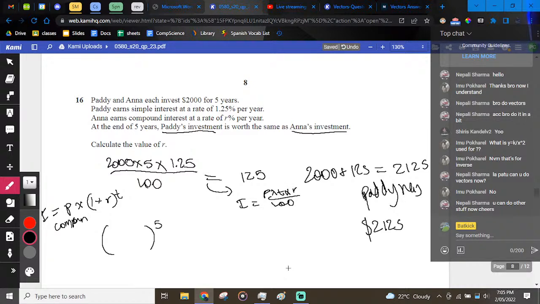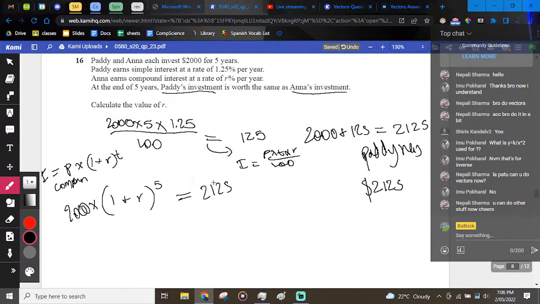Anyway, given that we know 2,000 is the principal, we have 1 plus r, which we don't know, to the power 5, times p, which we do know because it's 2,000. And that equals Anna's investment of 2125. Our goal is to find r.